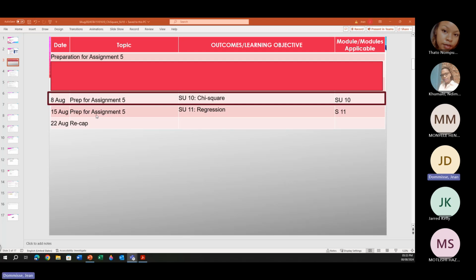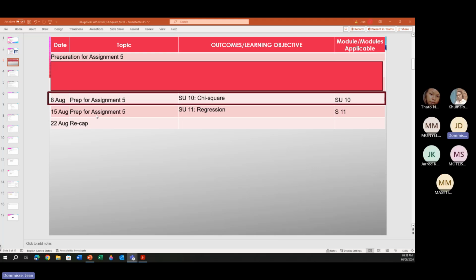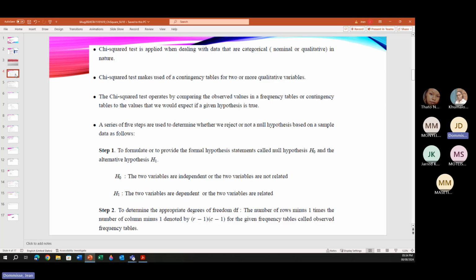Last year it was very early in the exam period. The year before it was again later in the exam period. So when we get it, we will see when it is, but if it is middle October, there will be enough time for you guys to do recap for the exam. But let's focus tonight on chi-square.